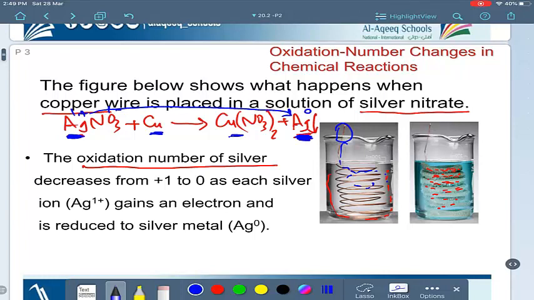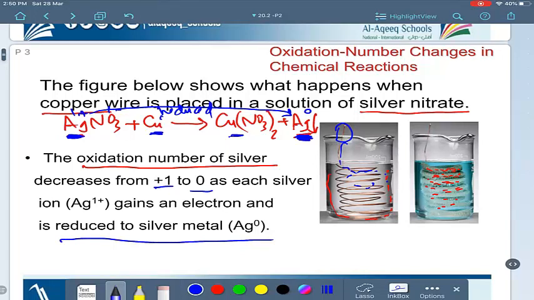What happens here from positive 1 to 0? What happens to silver here? The oxidation number increases or decreases? Decreases. It means it's oxidized or reduced? It decreased, meaning it gains electrons, so it's reduced. Okay, this is silver. What about copper?